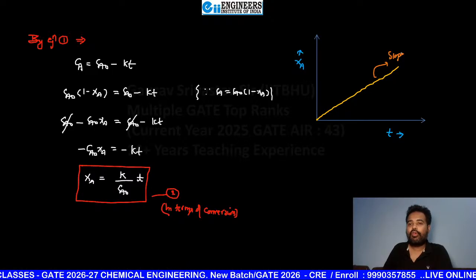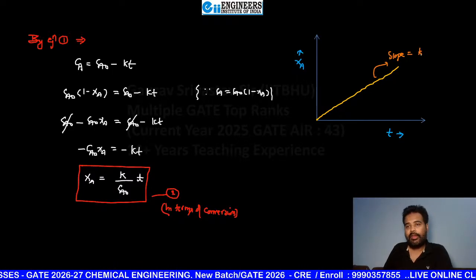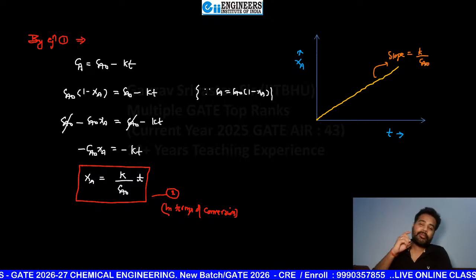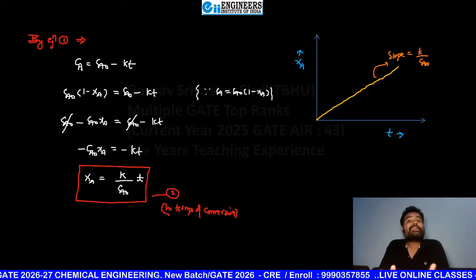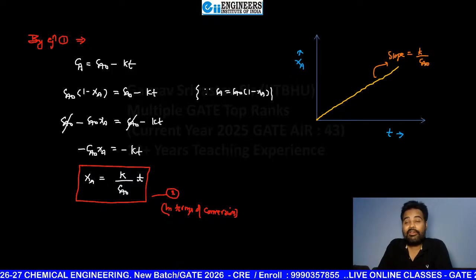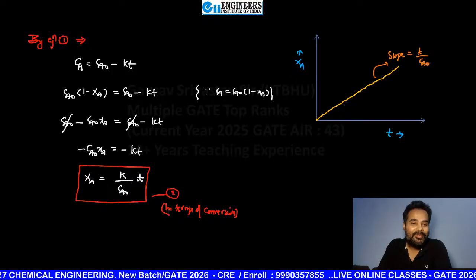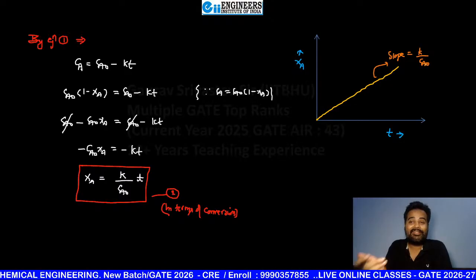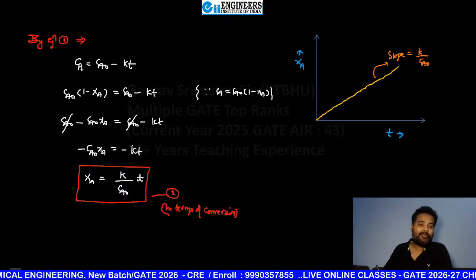This time my dear, its slope is K by CA naught. If the initial concentration you are going to increase, what will happen to the slope? For a different case, what will happen?